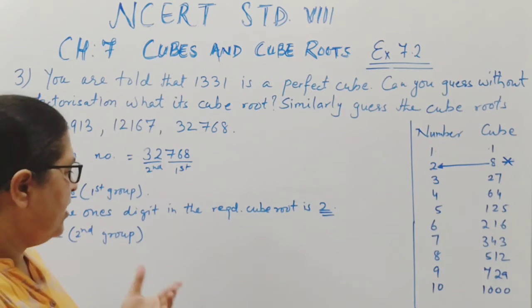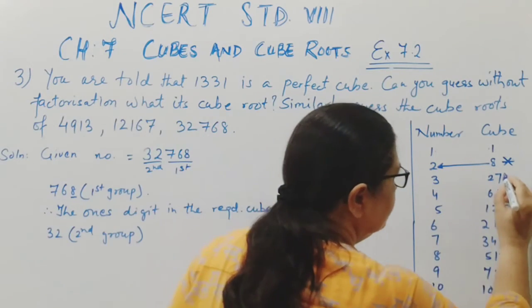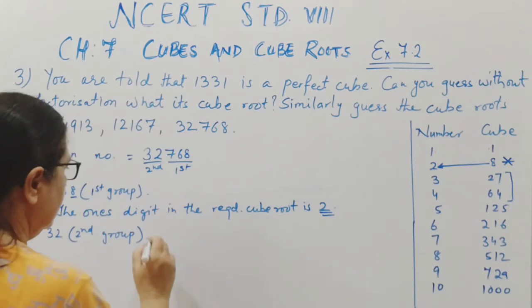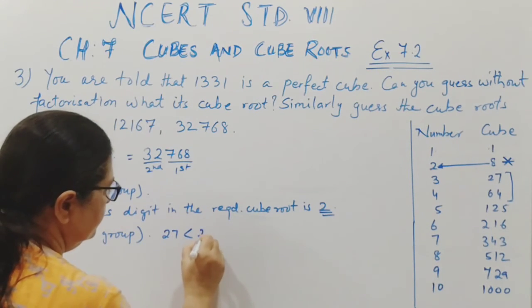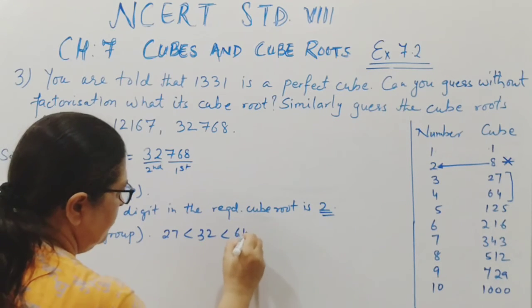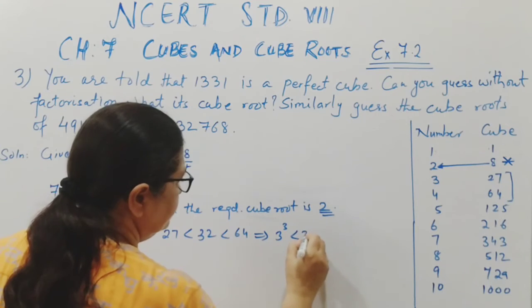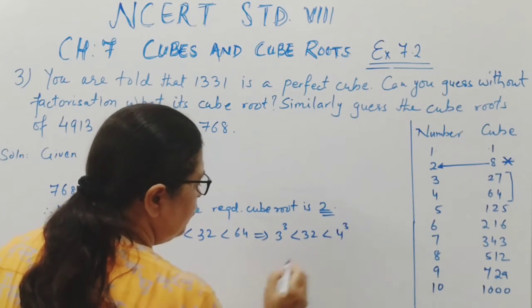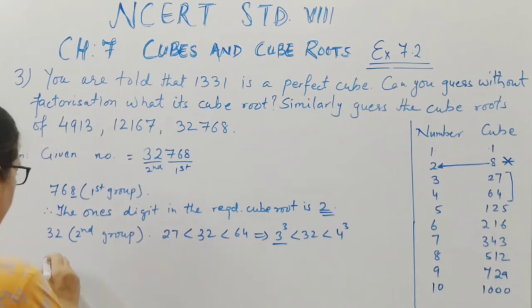Now we will check where this number 32 lies in the cubes. It lies between 27 and 64. Therefore, between the cube of 3 and cube of 4. Here we will take the smaller number.